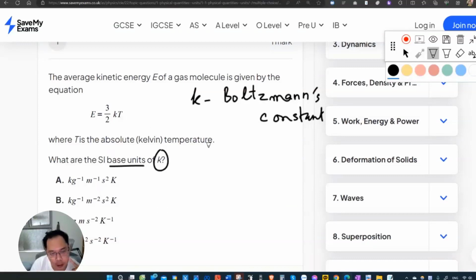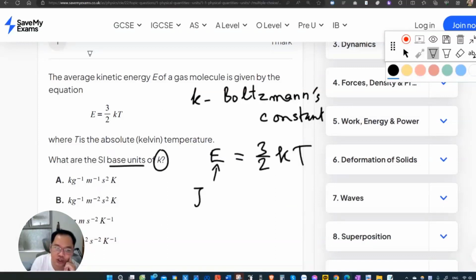Let me write that again. Energy is 3 over 2 kT. The unit of energy is joule. And joule here is a derived unit, not a base unit. So what formula can we use to convert joule to the base units?